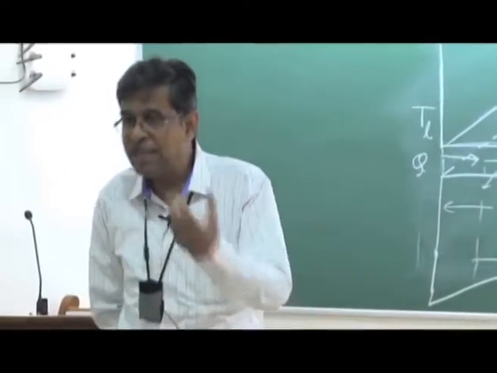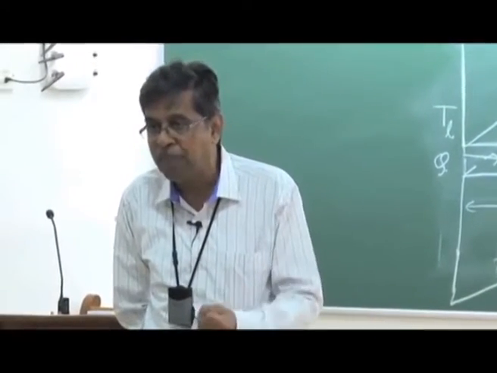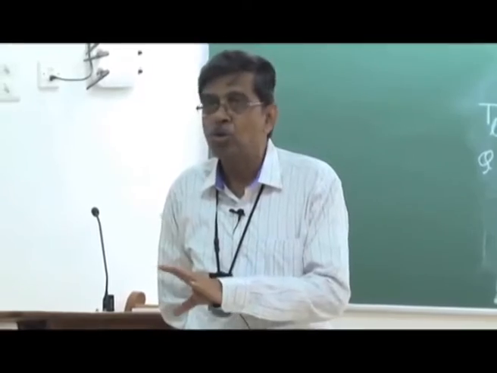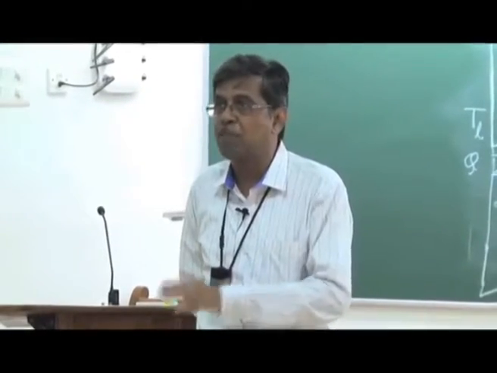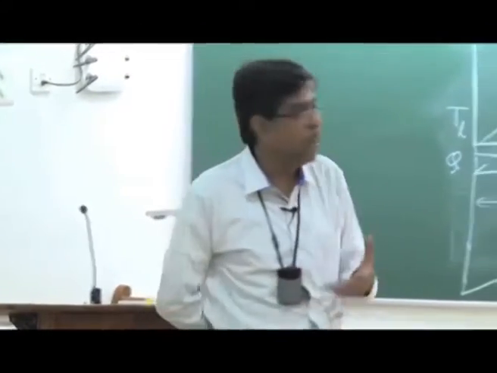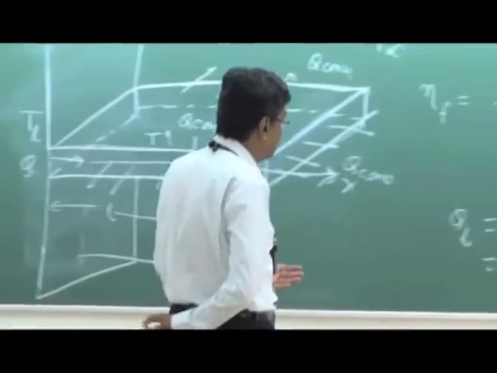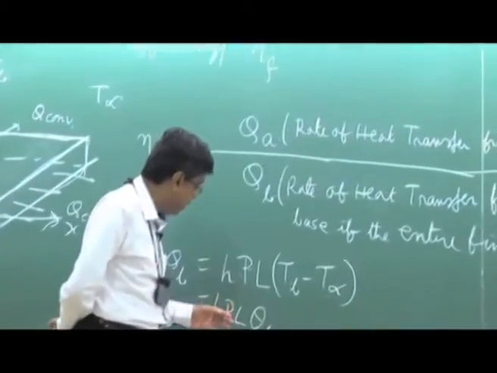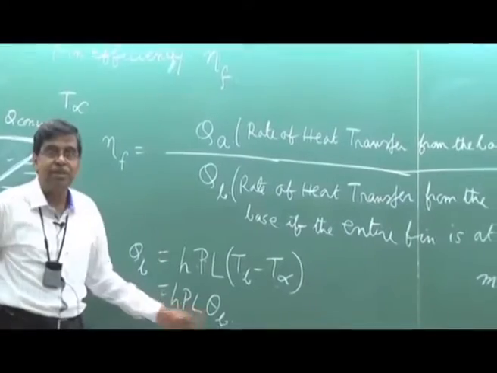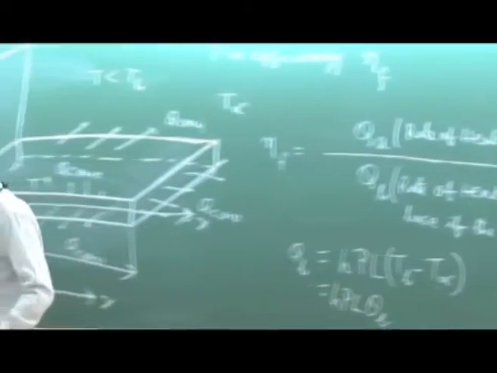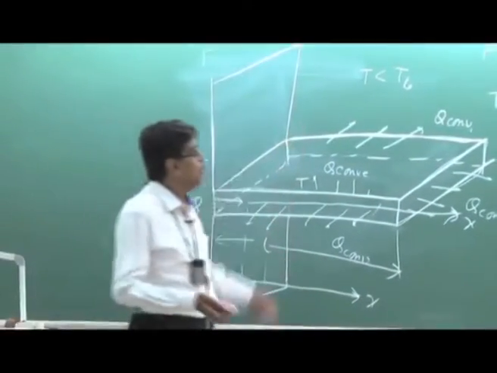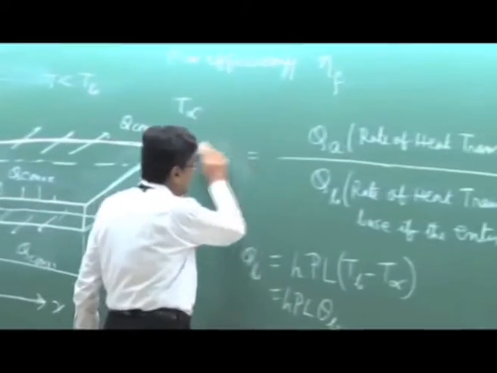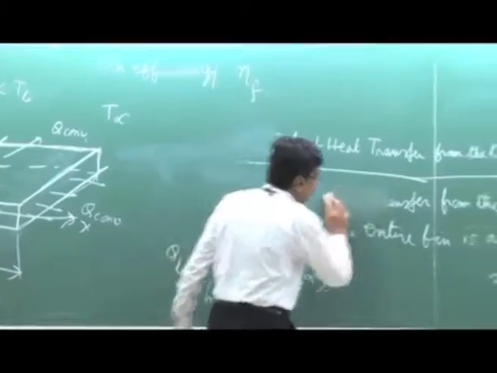So there is a race between the two. We have to be careful that the fin should not have a large temperature drop. It should have a high thermal conductivity, and the most ideal case is that the entire fin is at base temperature. So with this, you define a parameter like this, which is known as fin efficiency.